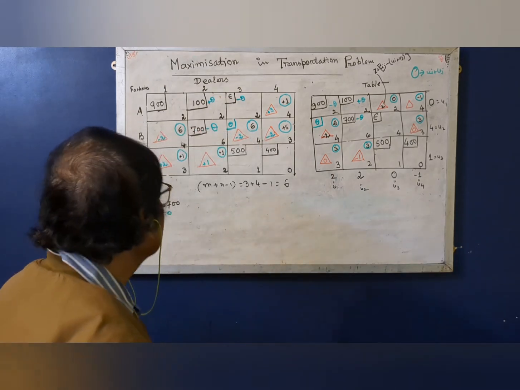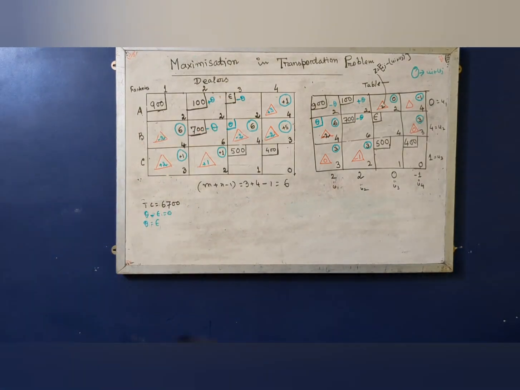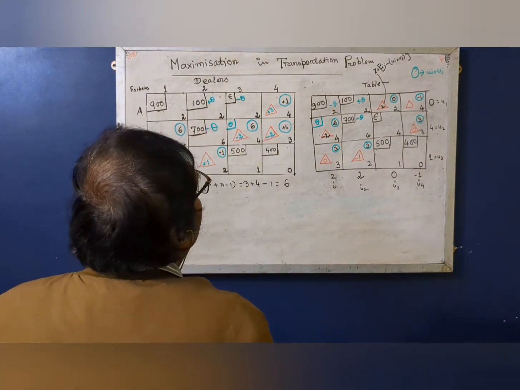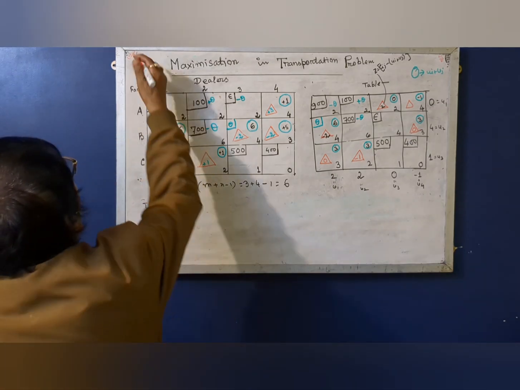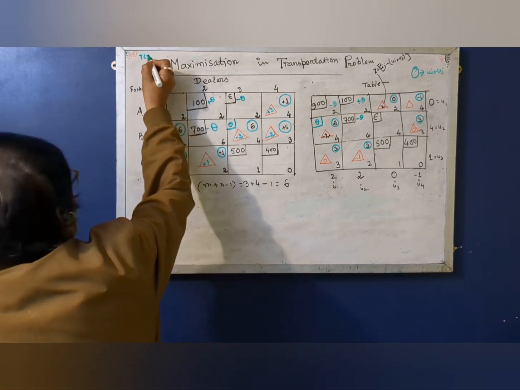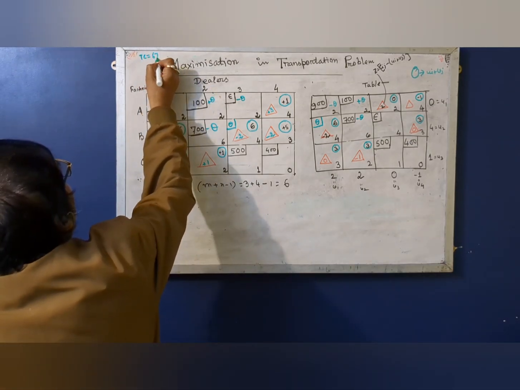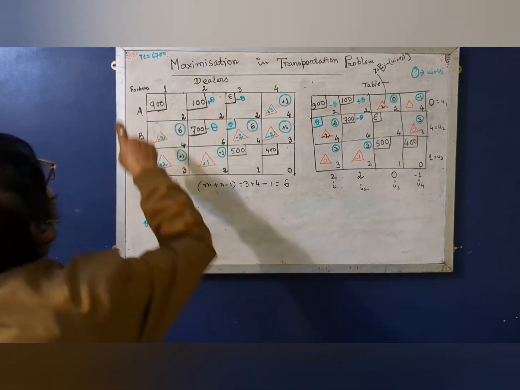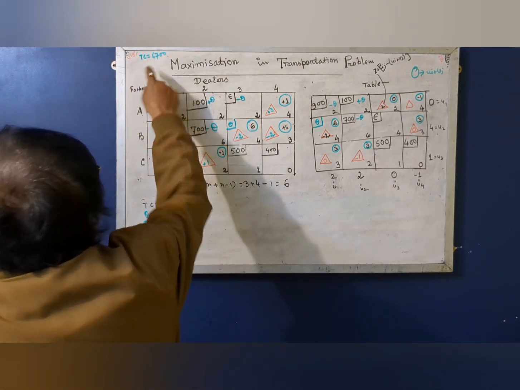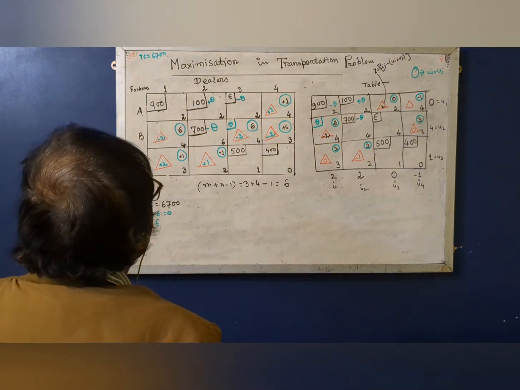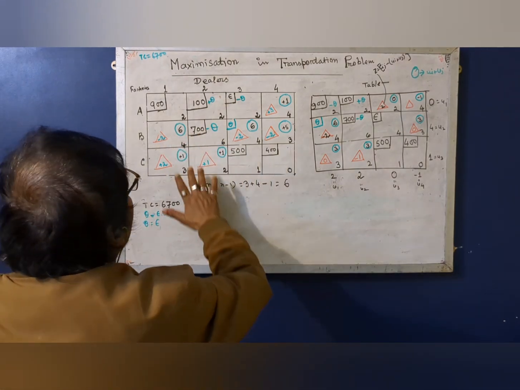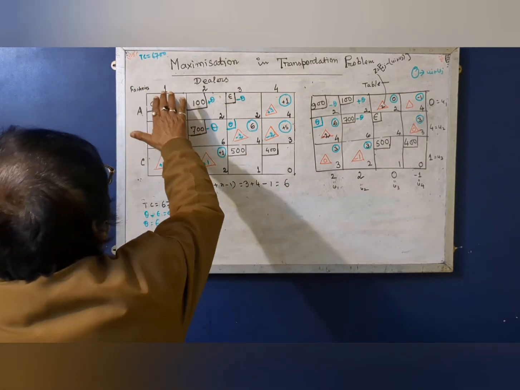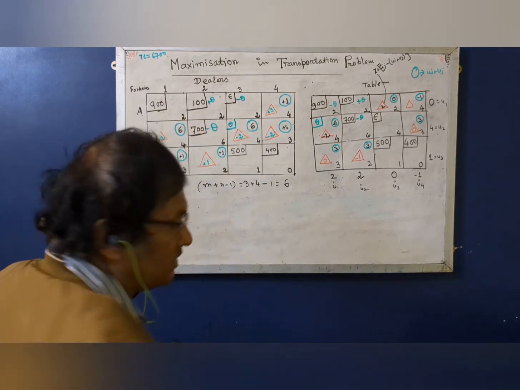Again, to save space, I am erasing this matrix. I am just noting this value, 600, 700, because for the final table you will check that the value must be lower than this. At every stage you can check that it either decreases or stays the same.